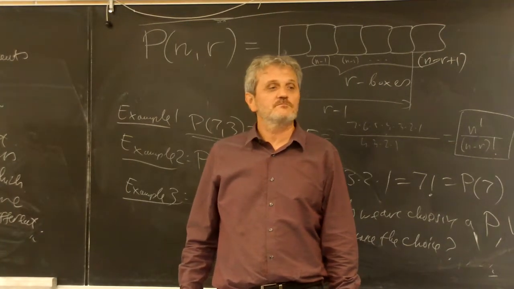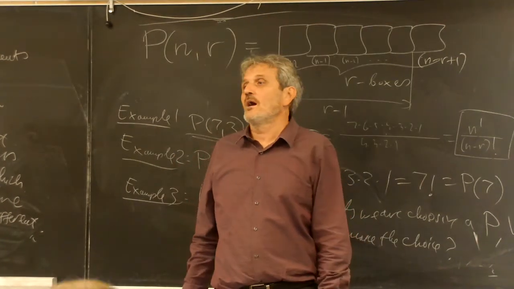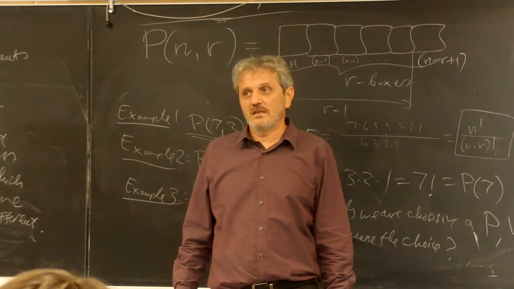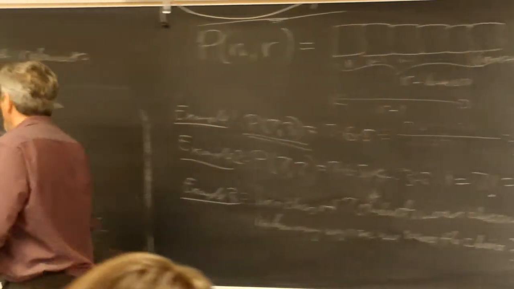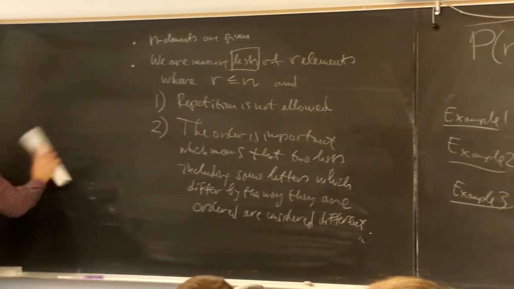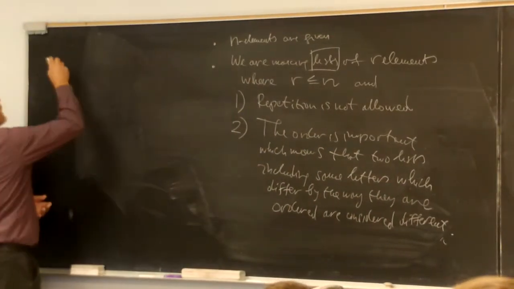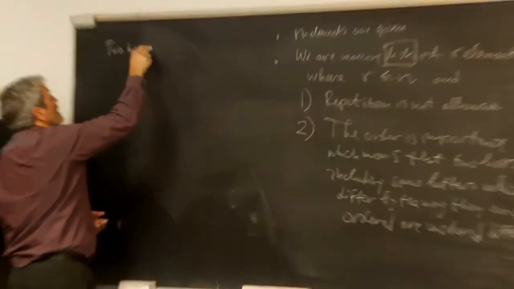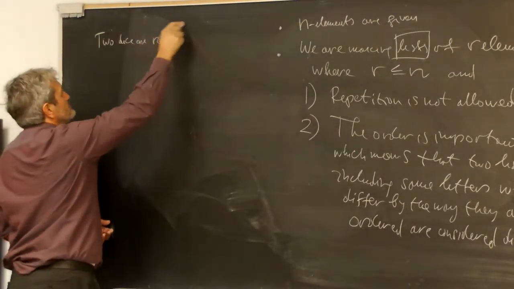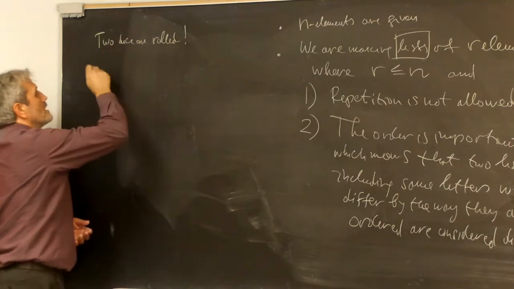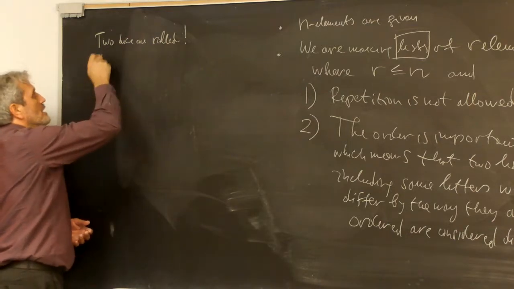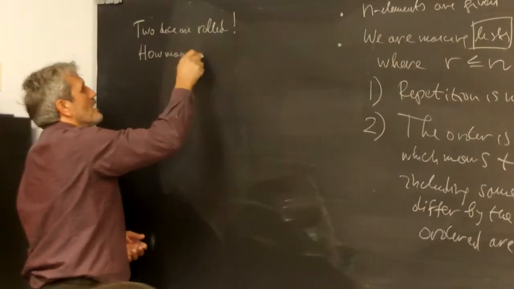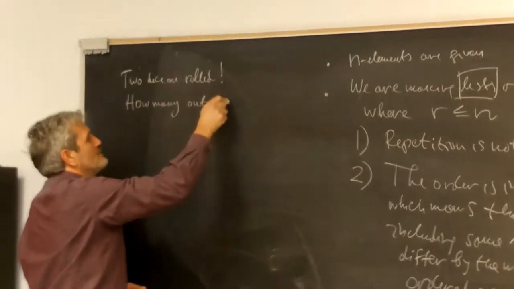So here's a question. I roll 2 dice. How many outcomes do we have?